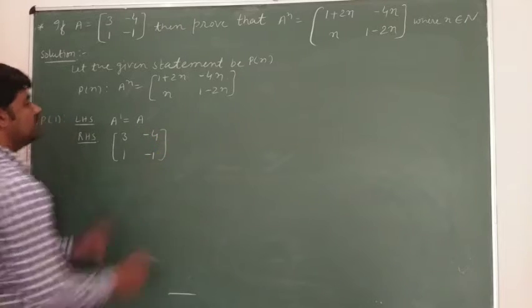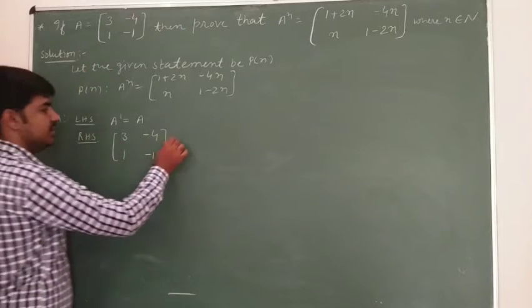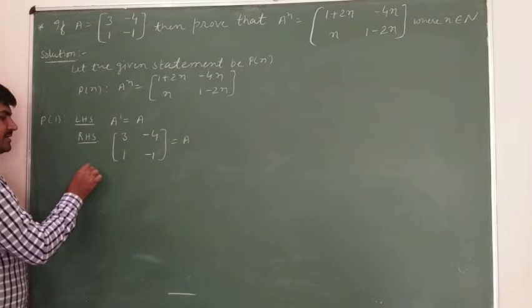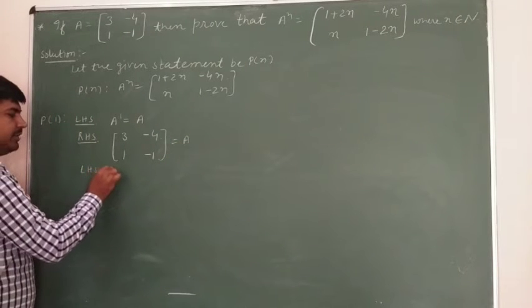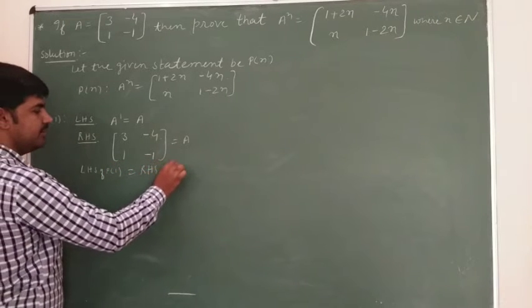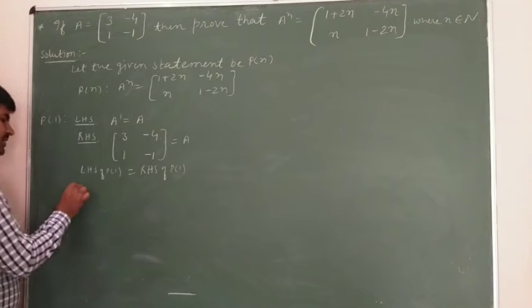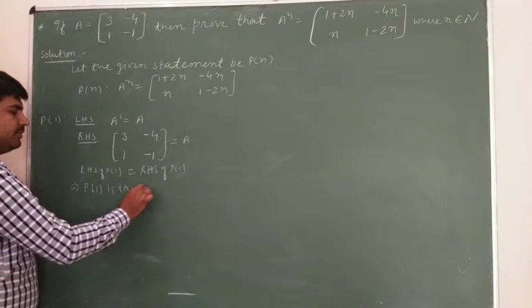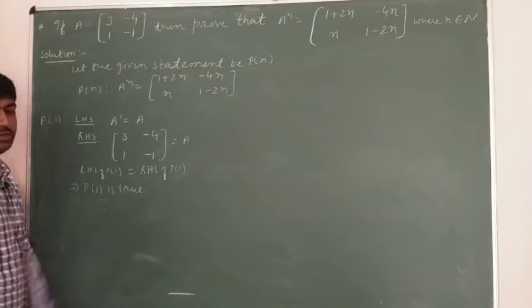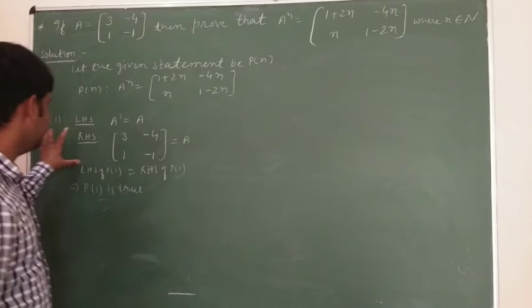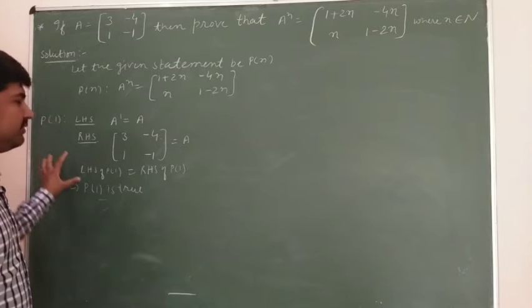So this is equal to A only. Hence LHS of P1 is equal to RHS of P1, and that implies P1 is true. So one step of proving this statement using the principle of mathematical induction is over; we have got that P1 is true.